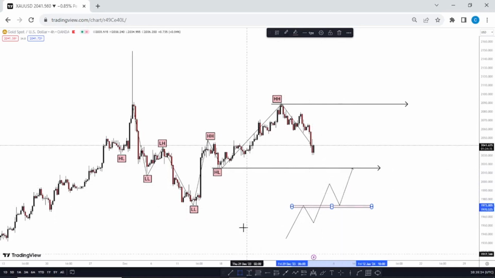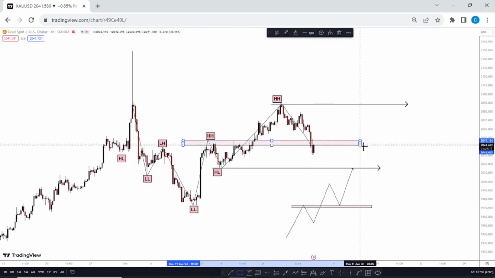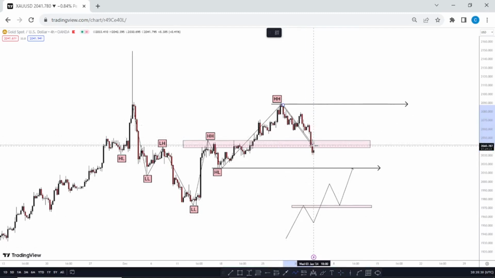So that was the same thing I was expecting. I was expecting price to come back down to retest this higher high as a new support to push back up to create a new higher high.